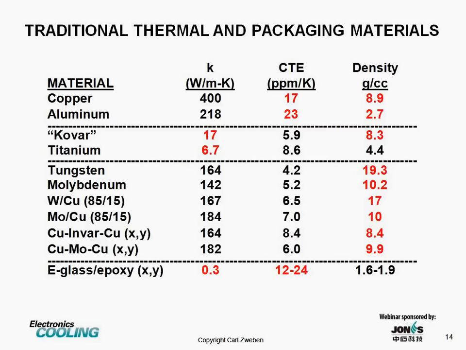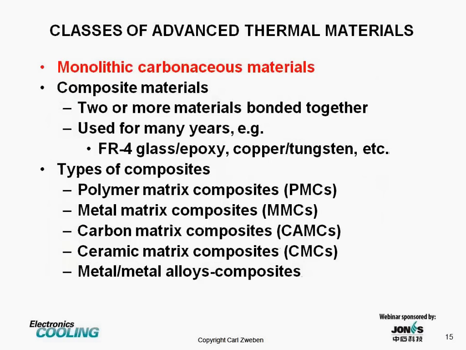And with those materials, many of which are composites, we can get thermal conductivities in the range of aluminum alloys, but we pay a penalty in high densities. At the bottom we have e-glass epoxy, widely used printed circuit board material, of course, which is really a thermal insulator. And if you notice the range of CTEs, again, there's 100% variation in reported values that I found over the years for the CTE of e-glass epoxy printed circuit boards.